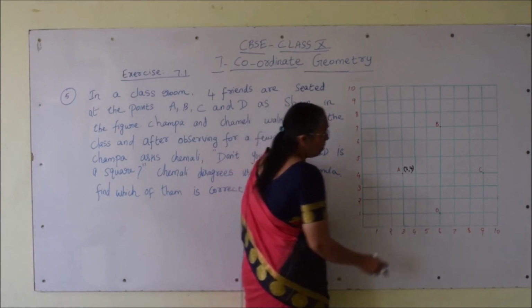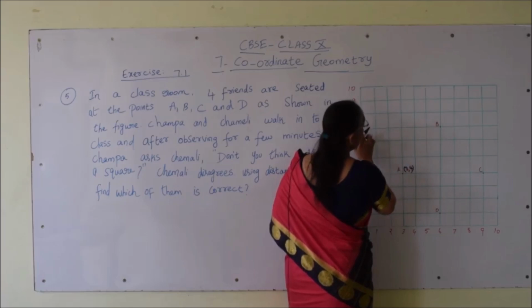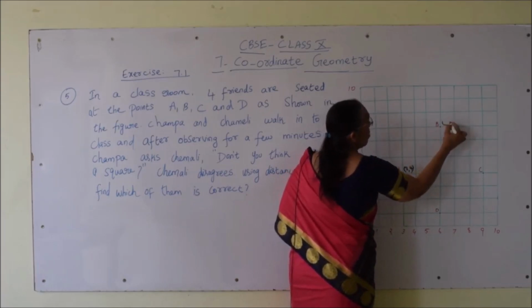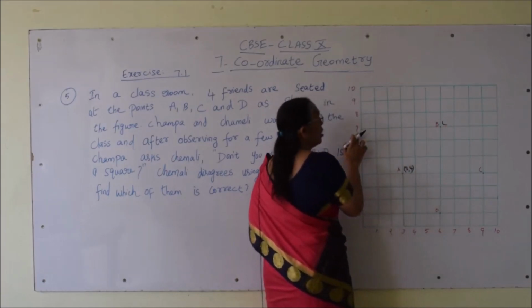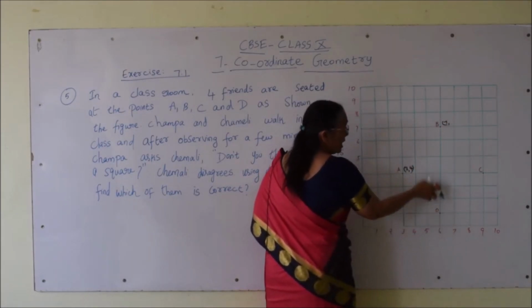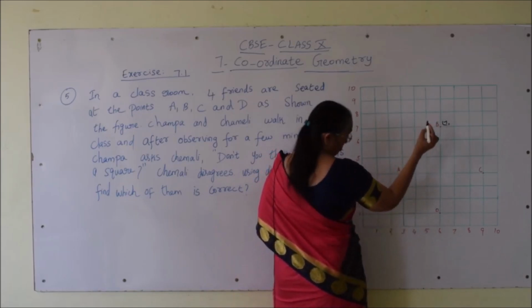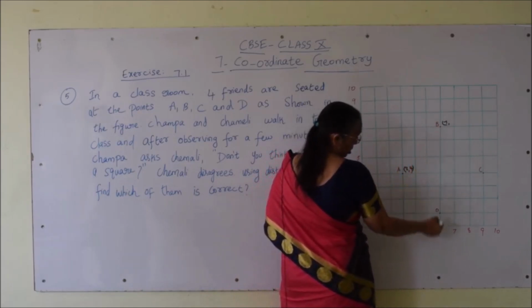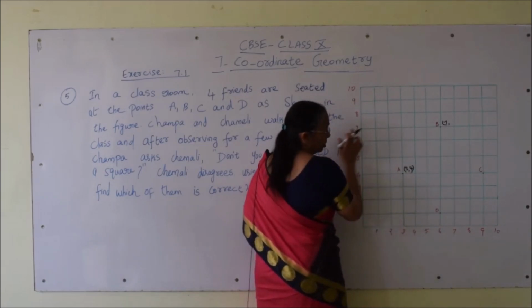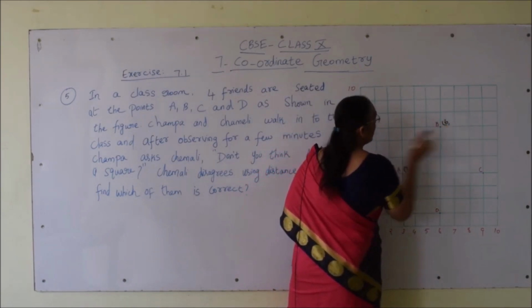Next, B point, this one is here. The x coordinate is the distance of a point from the y axis. So, that is 6.